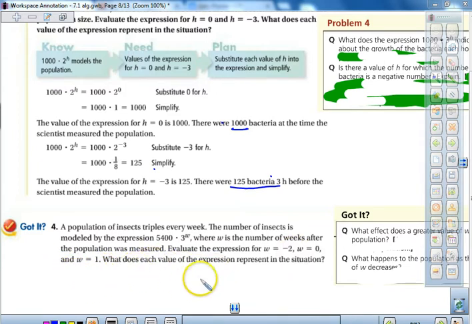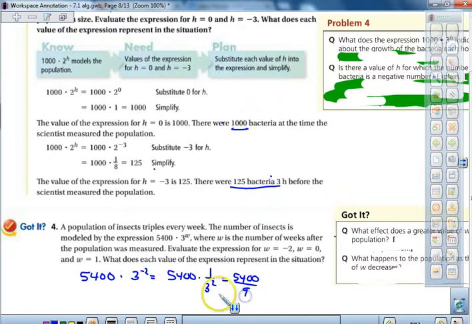Well, we know if we're looking at our time, we're going to have 5,400 times 3, and if we have to the negative 2 power, that's going to be 5,400 times 1 over 3 to the second, which is the same as taking 5,400 and dividing it by 9.